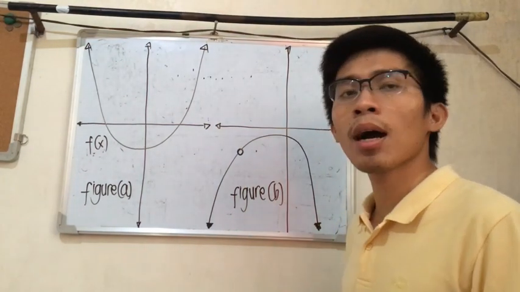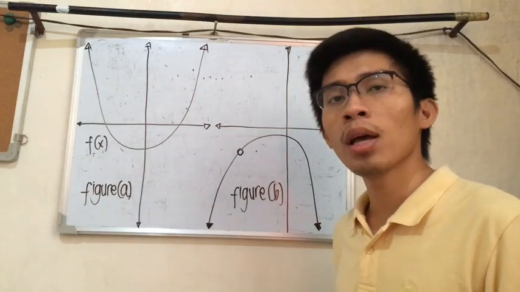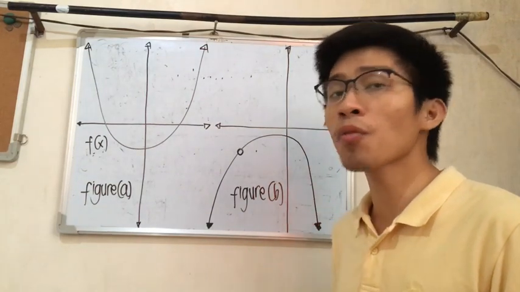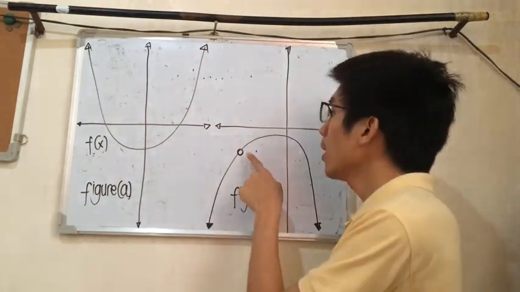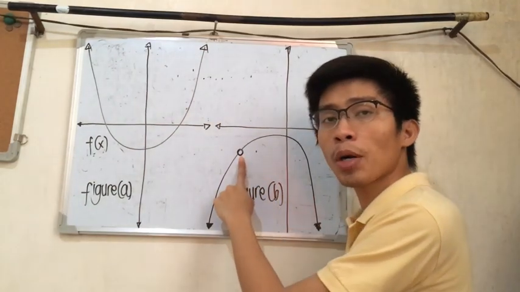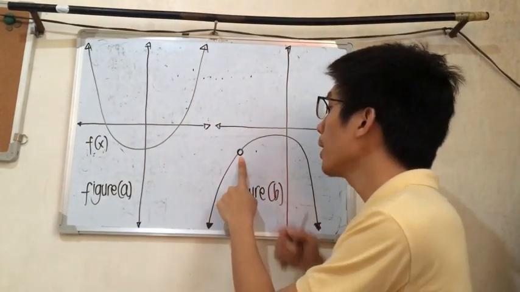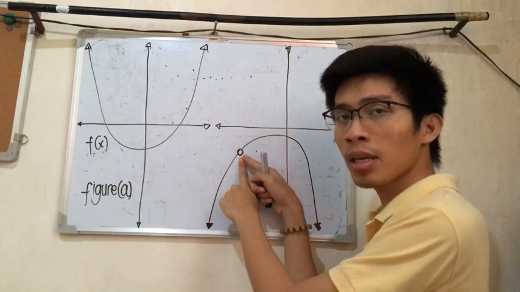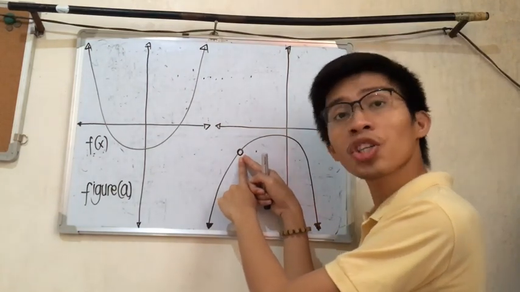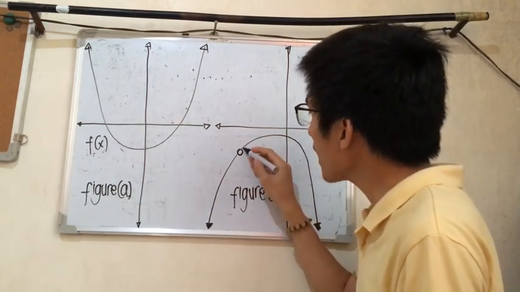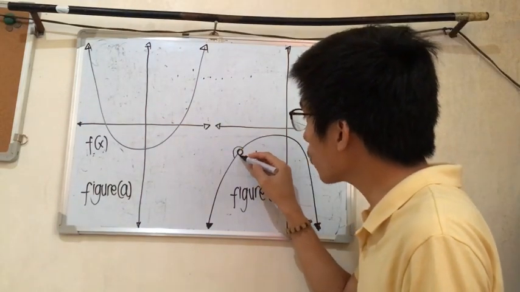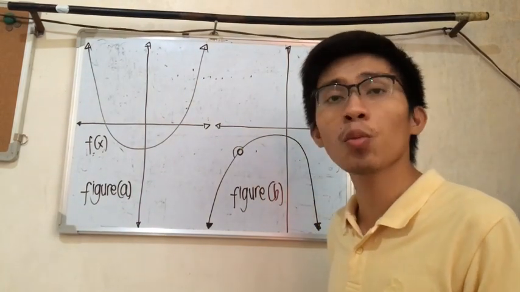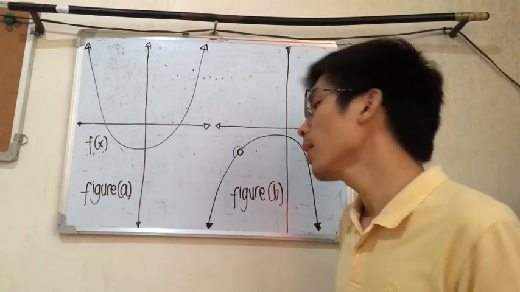Meaning, once a function commits a hole, at that point, the function is undefined. Therefore, at this point of this parabolic function opening downward, in this small circle here, the function is undefined. Meaning, the function jumps over this point because the function becomes undefined.